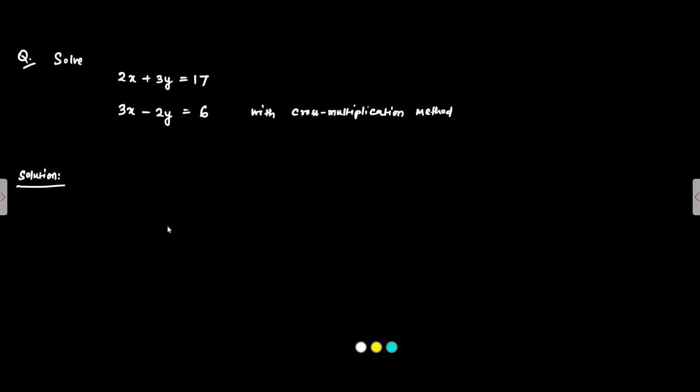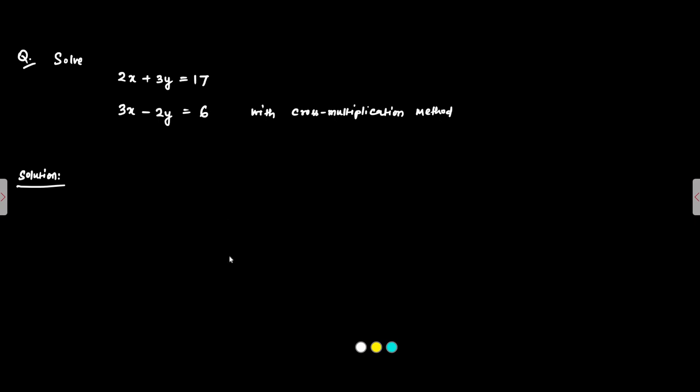So here is another question on solving linear equations in two variables using cross multiplication method. The two equations are 2x plus 3y is equal to 17 and 3x minus 2y is equal to 6.